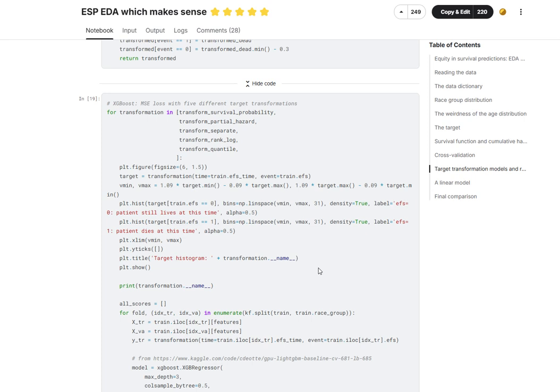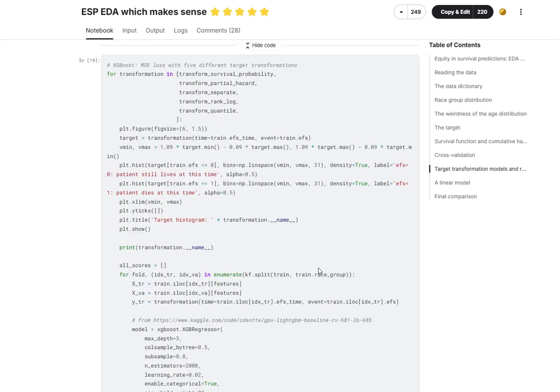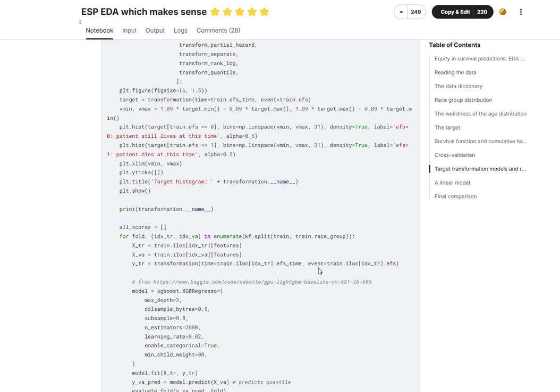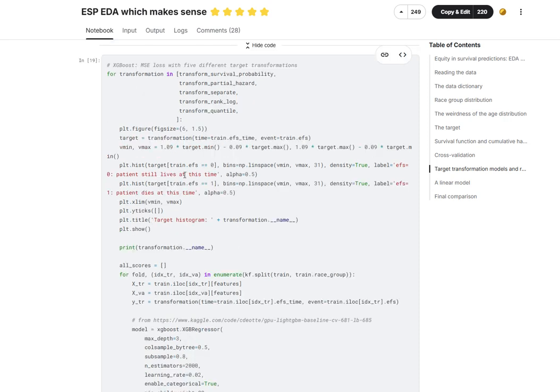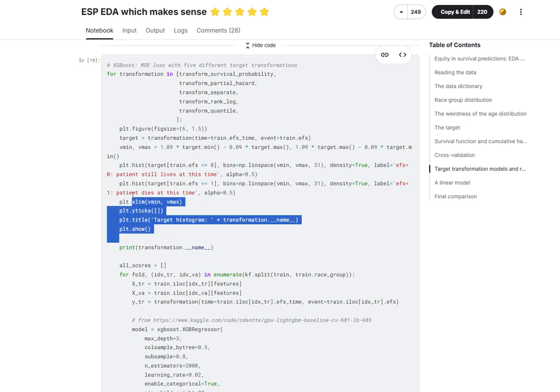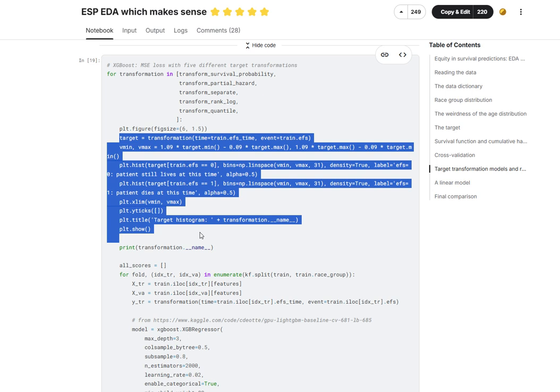This is a loop that iterates through the 5 different target transformation functions defined earlier. For each transformation, 1. It applies the transformation to the fs time and fs data to create a new target variable. 2. It plots a histogram of this new target variable, showing separate distributions for the event, fs equals 1, and censored, fs equals 0, cases. 3.